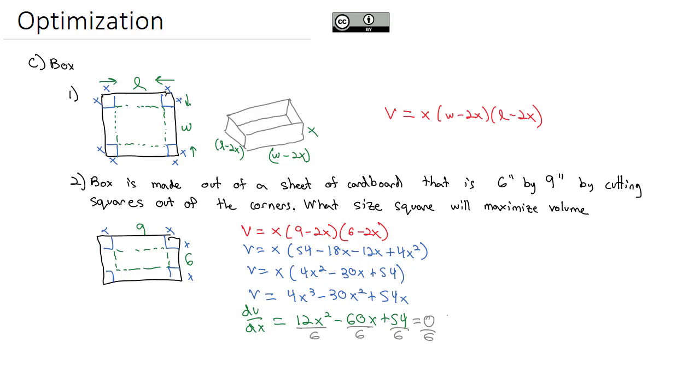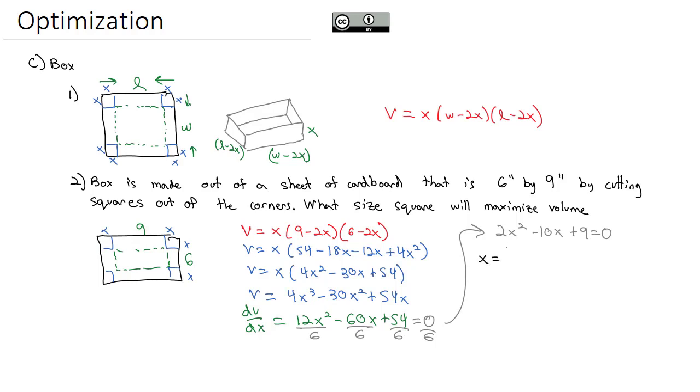This step's technically optional, but it does make the numbers easier. That's going to leave me with 2x squared minus 10x plus 9 equals 0.